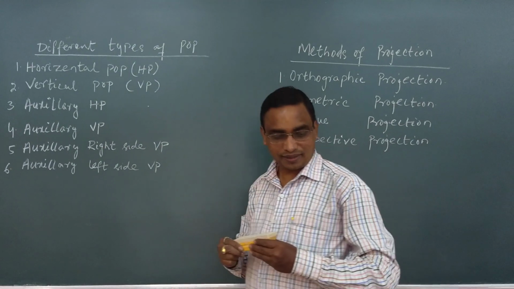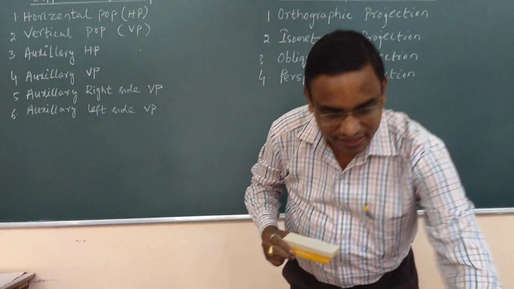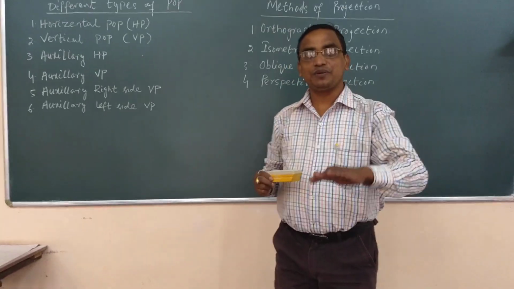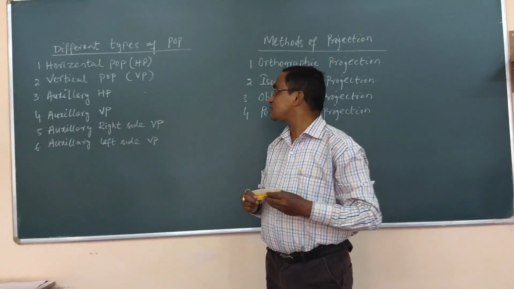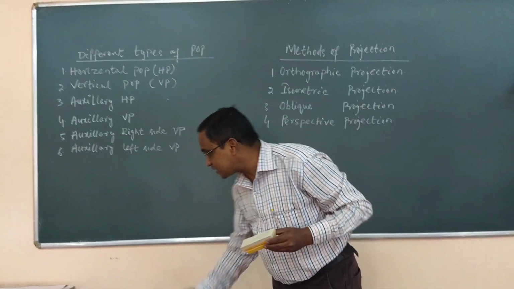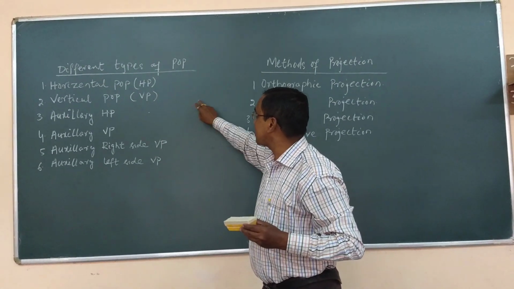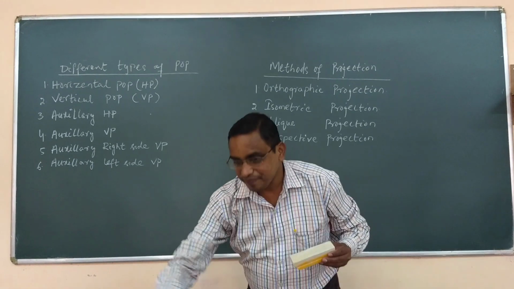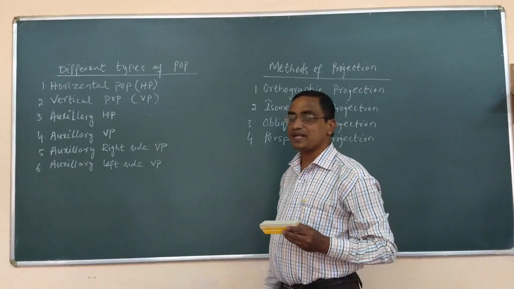You know very well, the plane which is parallel to the ground is called HP, and the plane which is perpendicular to the HP is called VP. So this is my VP and this is my HP, horizontal plane and vertical plane.